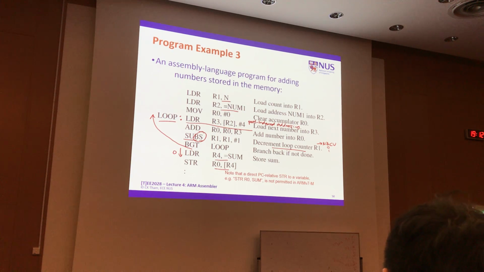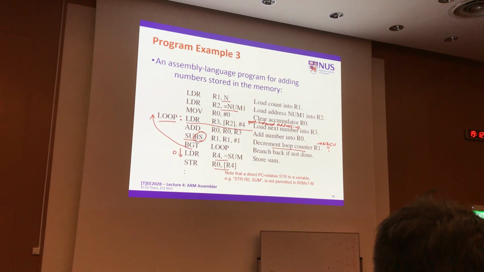And the Z flag will be set, and the EQ condition will be satisfied. This GT is greater than, so it's another condition code that can be used in this case.